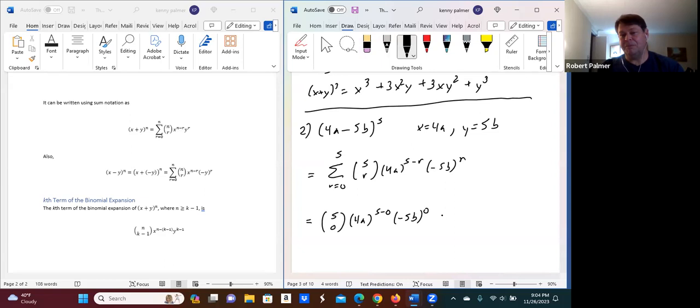Okay, that's our first term. Let's do our second one here. Now r is 1. So 5 over 1. We have 4a to the 5 minus 1 times negative 5b to the 1.